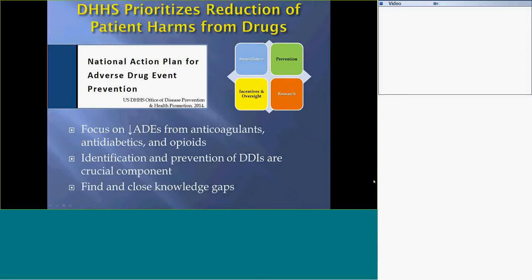And there was a major focus on reducing adverse drug events from three main drug classes, that is bleeding from anticoagulants, hypoglycemia from antidiabetics, and overdose from opioids. And within the report, they talk about the importance of identifying and preventing DDIs as a crucial component for public health, and really implore folks to both find and close existing knowledge gaps.